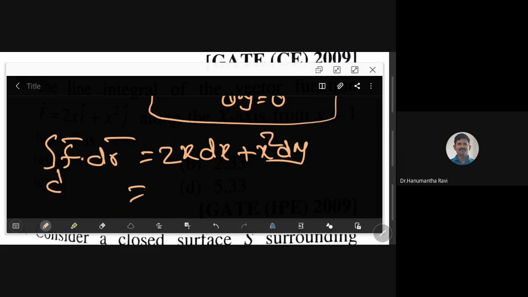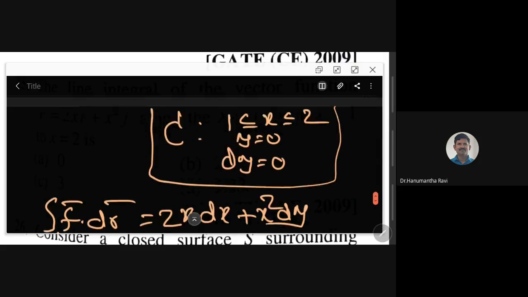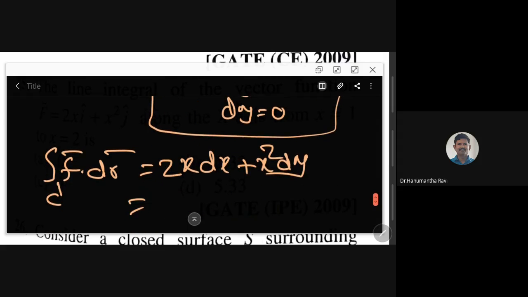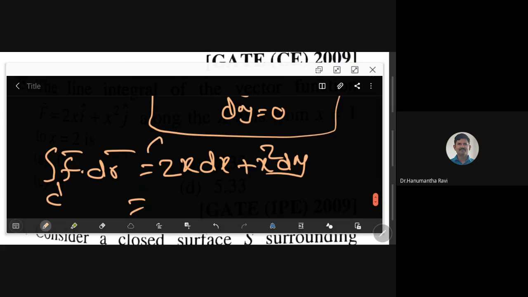What is x here? X is varying from 1 to 2. So in fact, we want to convert this whole thing into a single integral. Okay. So simply dy is 0.